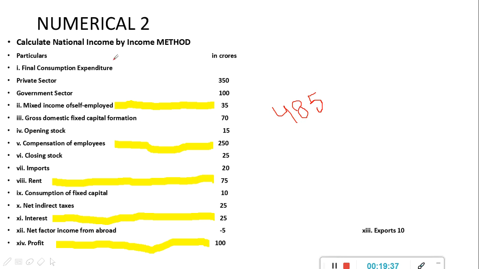But in the question we have to calculate national income, that is net national product at factor cost. NDP we have got as 485. Net national product we have to calculate.